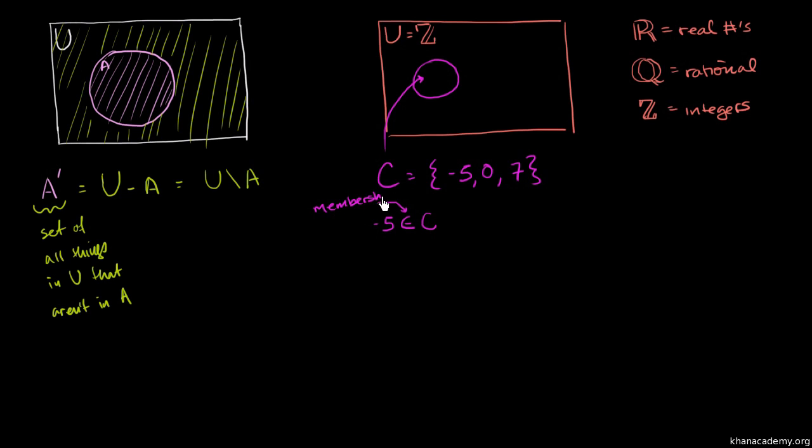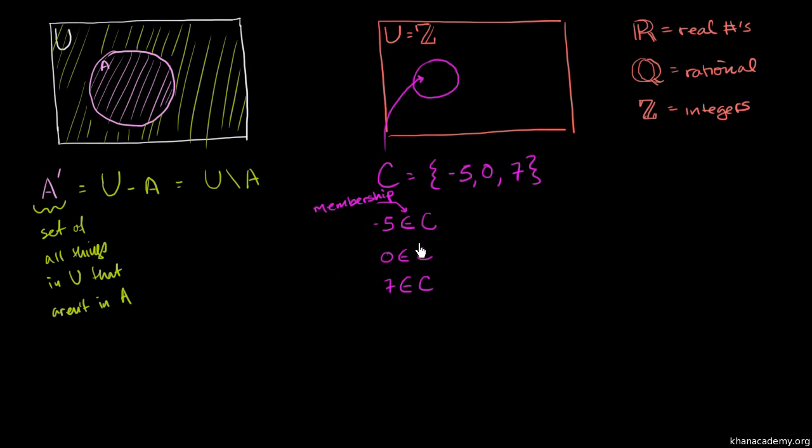It looks a lot like the Greek letter epsilon, but it is not the Greek letter epsilon. This just literally means membership of a set. We know that 0 is a member of our set. We know that 7 is a member of our set.